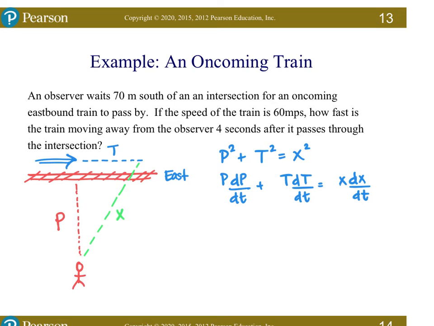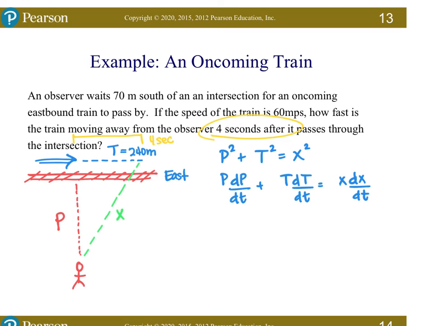Now we're ready to actually freeze this at a particular moment in time, and the moment in time we are going to freeze it in is 4 seconds after it passes through the intersection. So the time that this has taken has been 4 seconds. So we need to use that time and figure out how far the train has traveled. Well, the train is traveling 60 meters per second. And so in those 4 seconds, the train has traveled 240 meters.